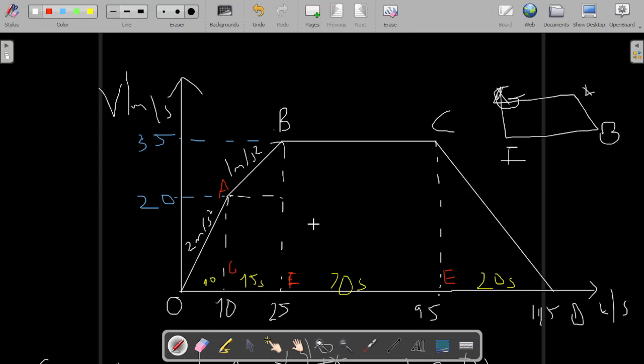Sorry, let me take it back to the software I'm using. So now, where are we? Okay, we stopped at this point here. So we have 20 plus 35 times the height of the trapezium, which is the one here. So how do we get the height here?